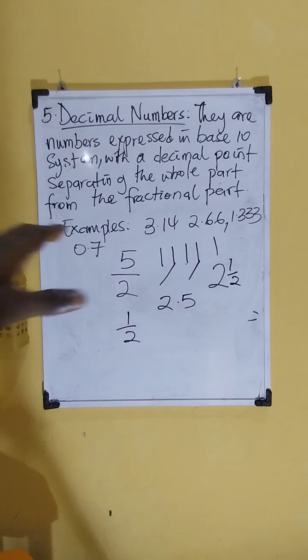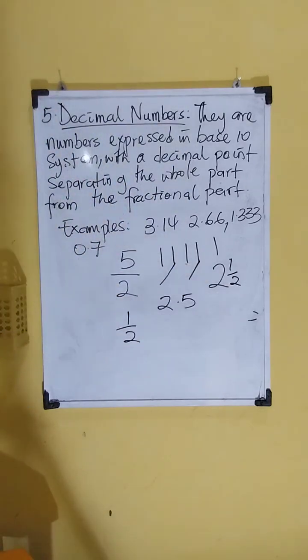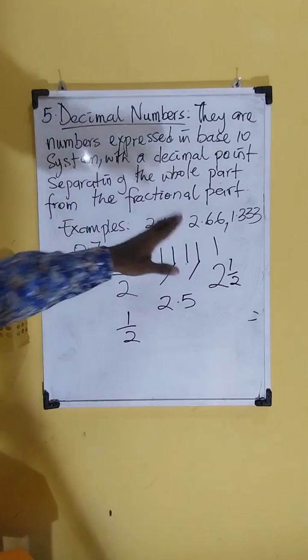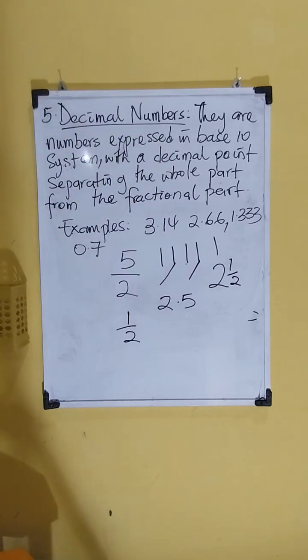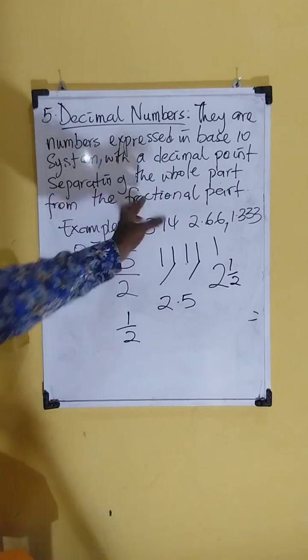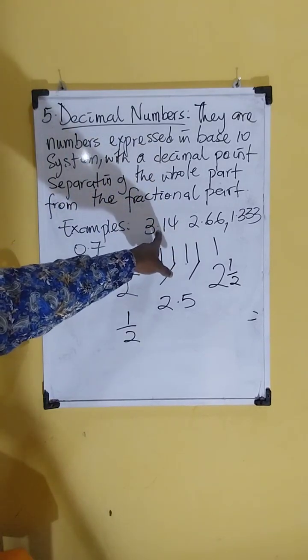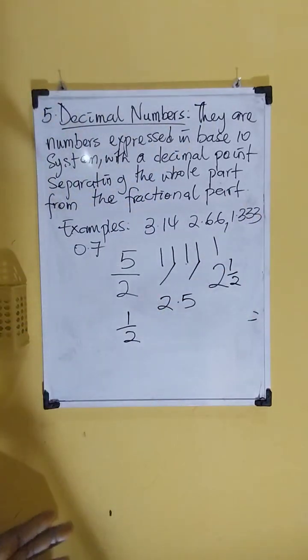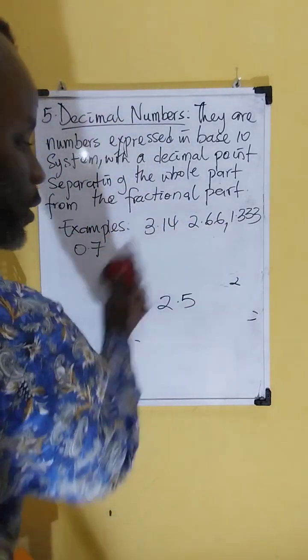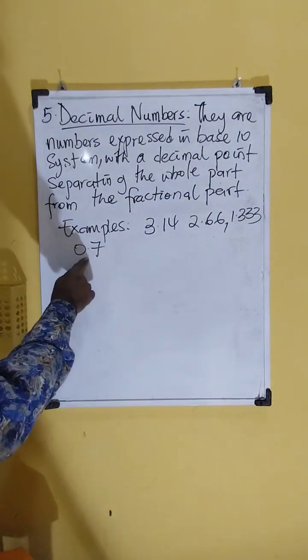But don't break your head about all these things I have just done. What you should know is that decimal numbers are numbers that have the whole number separated with a dot from the remaining digits. It must be a whole number first, or integer. So this is 0.7.